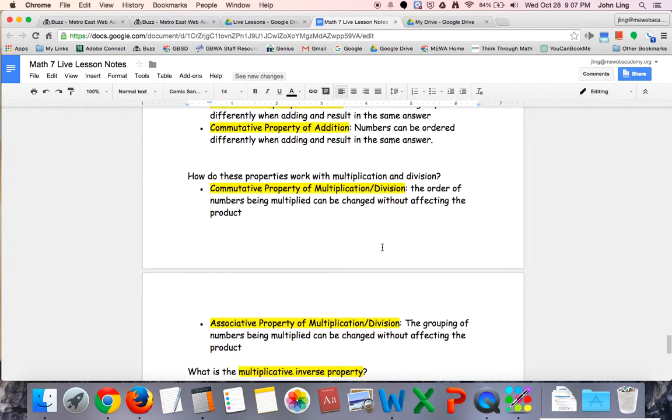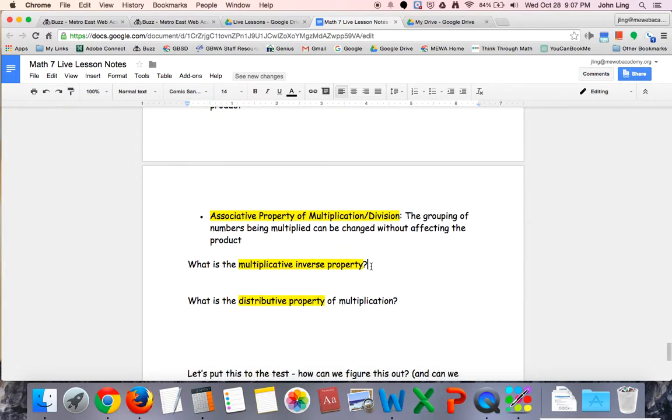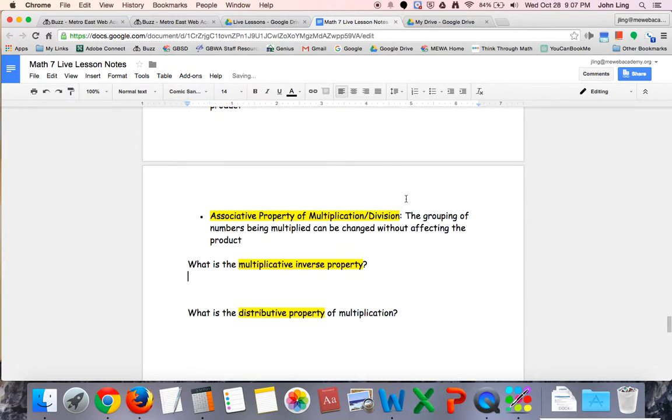All right, so there's another property in multiplication called the multiplicative inverse. That's a hard one to say. The multiplicative inverse property basically says that the reciprocal, and I'm going to say in parentheses here, in layman's terms or common terms, the flipped version of a fraction.